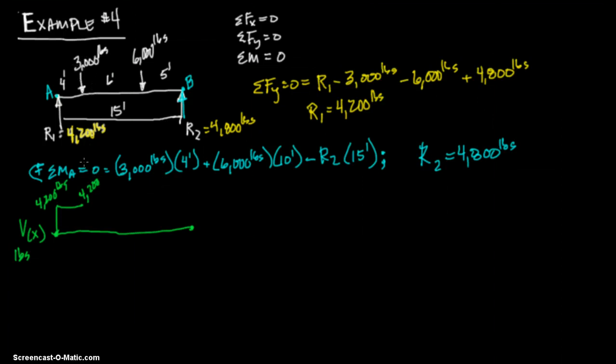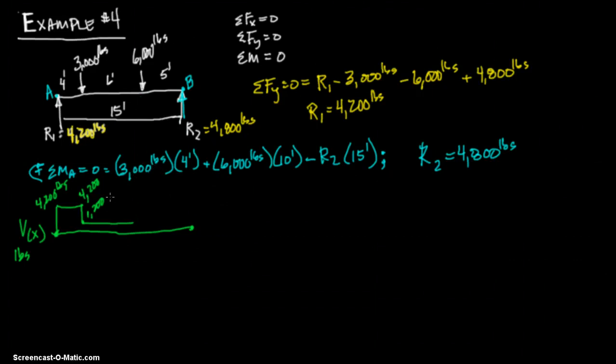Now we have to go down 3,000, and that will give us 1,200 pounds. Then we go over 6 foot until we get to 6,000. That is supposed to be straight, but it didn't look too straight. Let's try it again. There, now we're at 6,000, and when this comes down like that, it's supposed to line up perfectly, but I'm not doing this on graph paper.